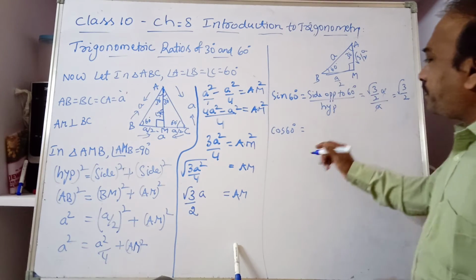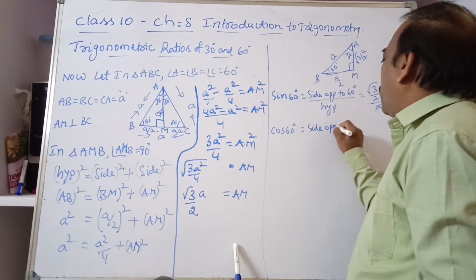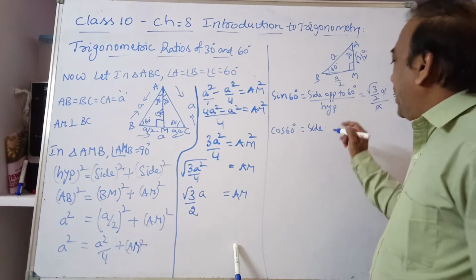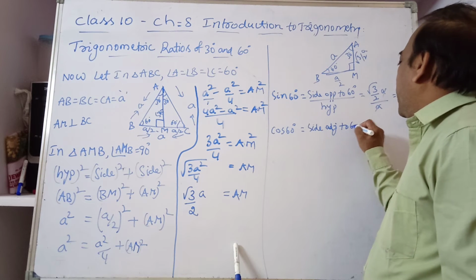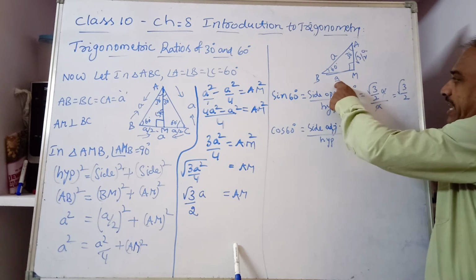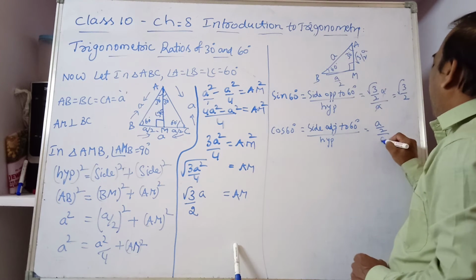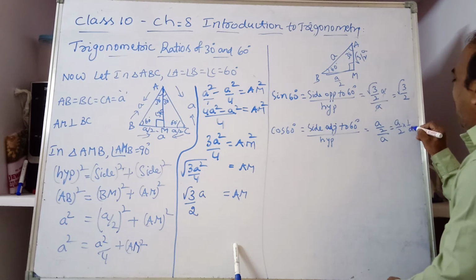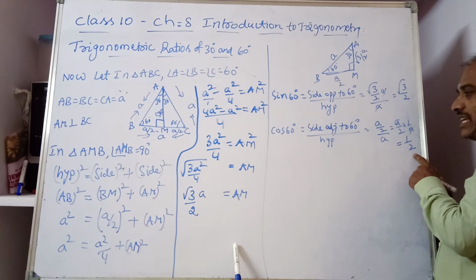Cos 60 degrees is equal to the side adjacent to 60 degrees by hypotenuse. What is the side adjacent to 60 degrees? A by 2. A by 2 by hypotenuse A. So A by 2 into 1 by A gets cancelled, and you got 1 by 2. So cos 60 degrees is equal to 1 by 2.